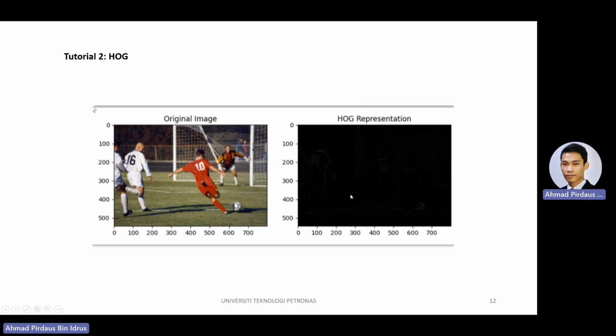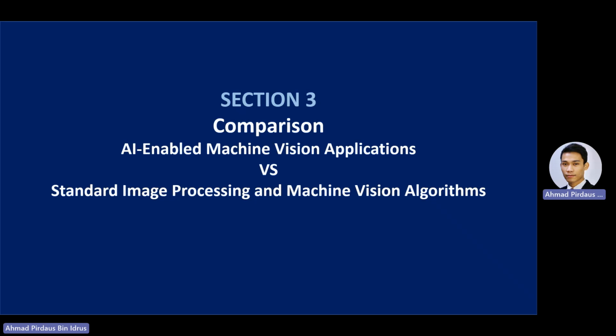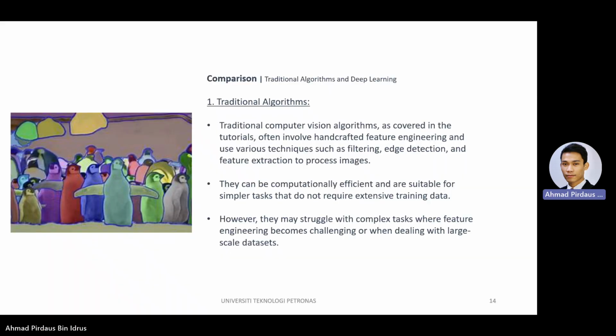All right. Now, we're going to proceed to the third section, the comparison of AI-enabled machine vision applications versus the standard image processing and machine vision algorithms. For the traditional computer vision algorithms, as covered in the tutorials, they often involve handcrafted feature engineering and use various techniques such as filtering, edge detection, and feature extraction to process the images.